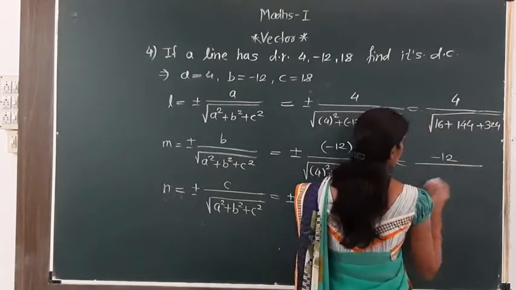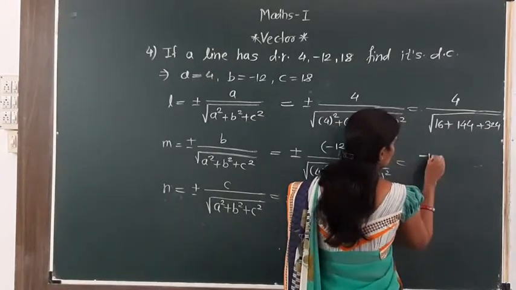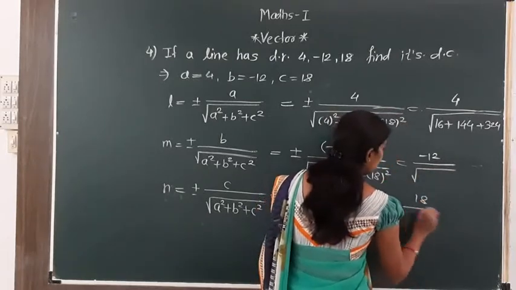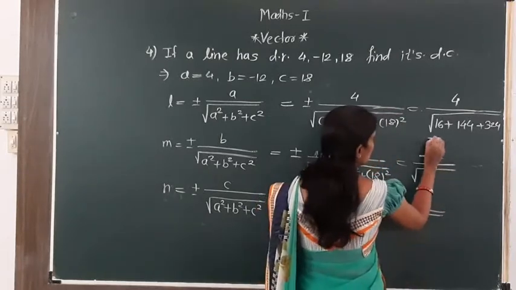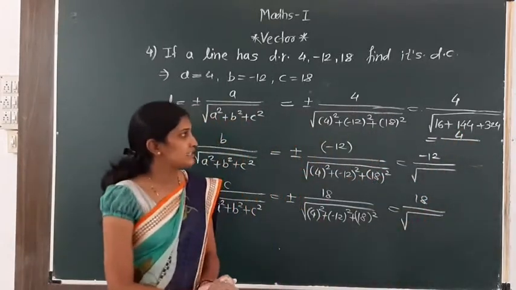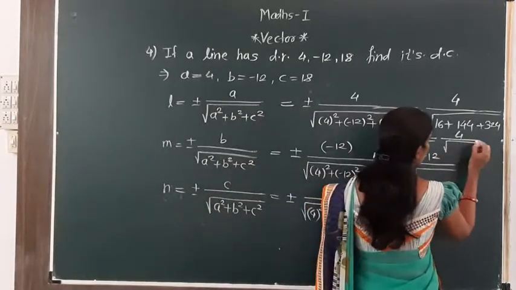Similarly, minus 12 divided by the same, and similarly 18. So what is its value? 4 divided by root of 16 plus 144 plus 324.